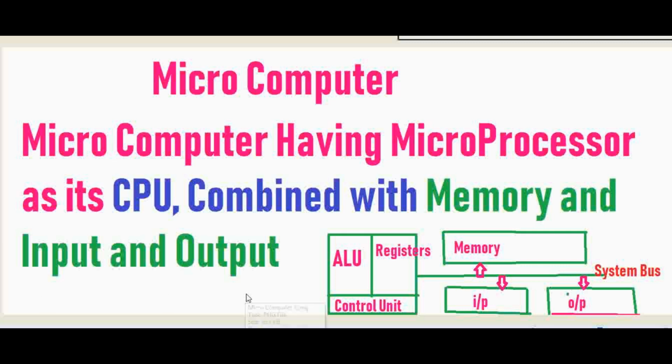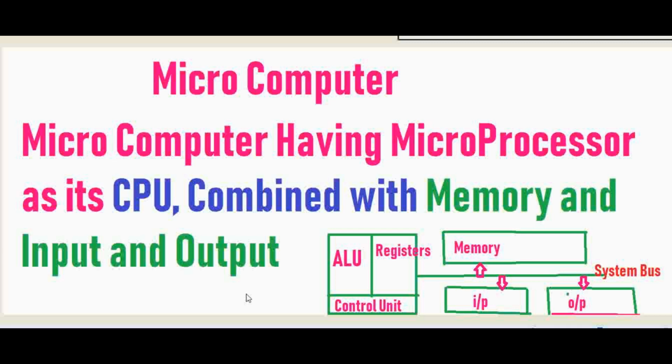Memory is required to store the instructions, to store the program, and input output devices to enter the data into the memory and take the output from the memory, so we need output devices like display devices or printers or any other output devices.